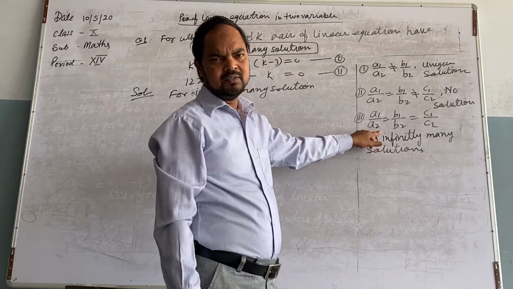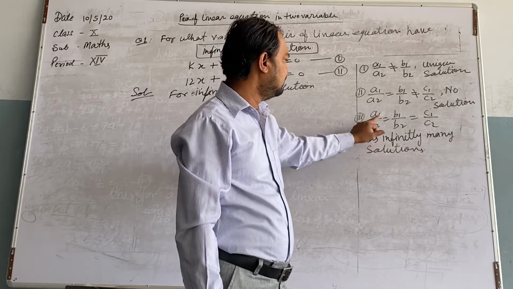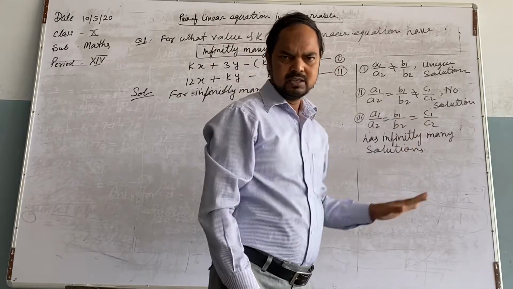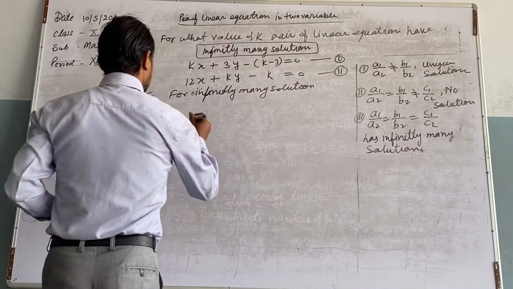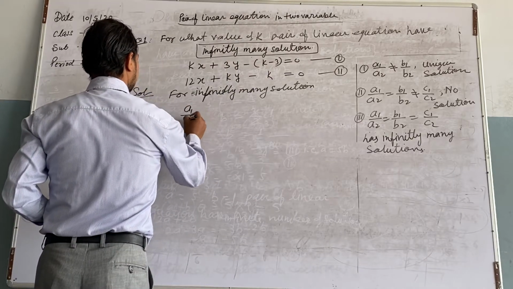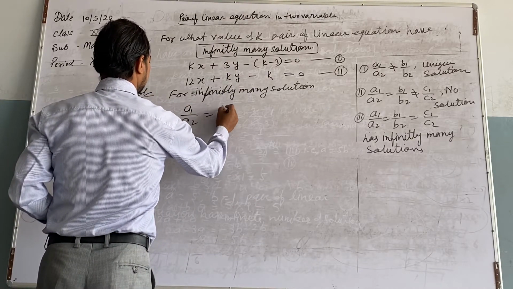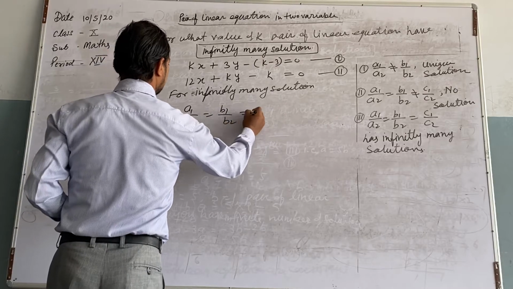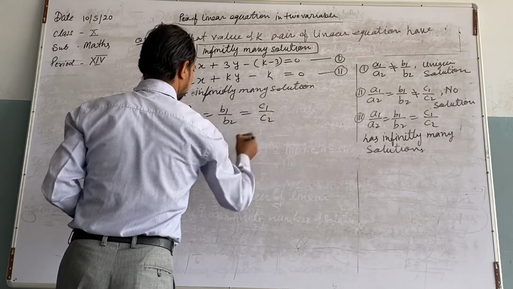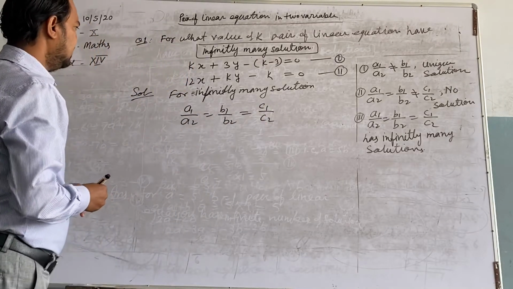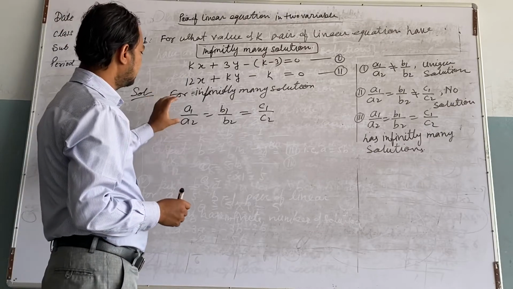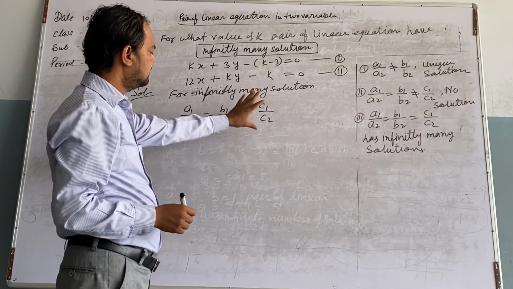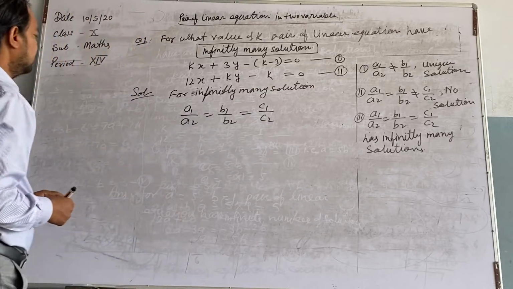The condition for infinitely many solutions is this: a1 upon a2 equal to b1 upon b2 equal to c1 upon c2. Right? Infinitely many solution के लिए क्या condition use करना है आपको? a1 upon a2, b1 upon b2, c1 upon c2. Now put the values.